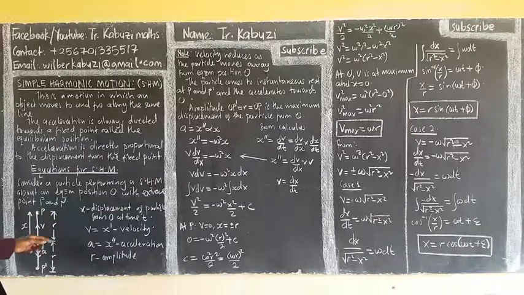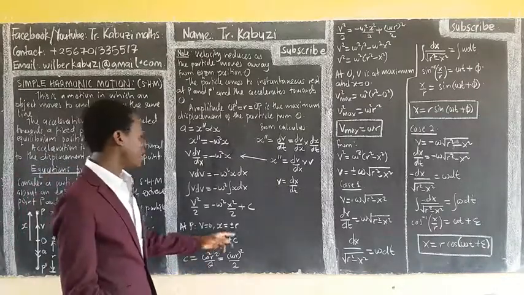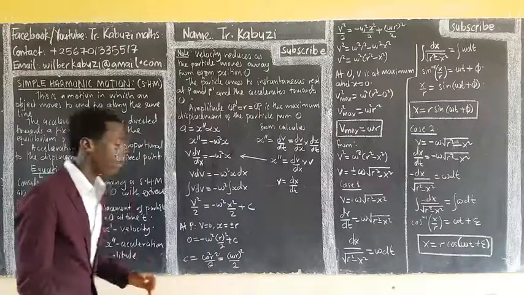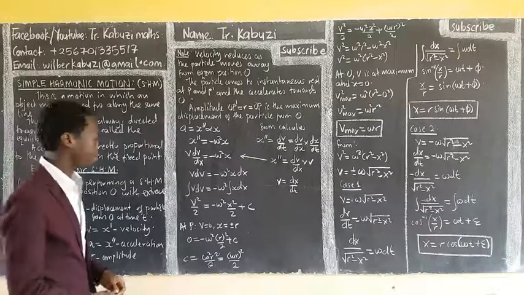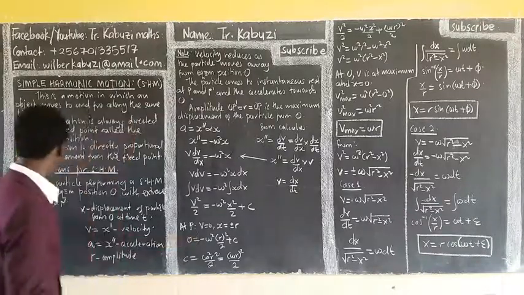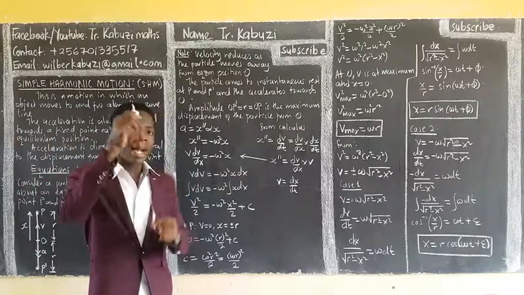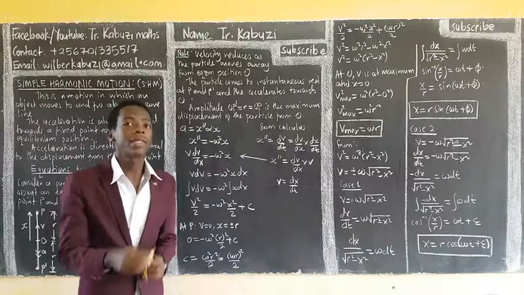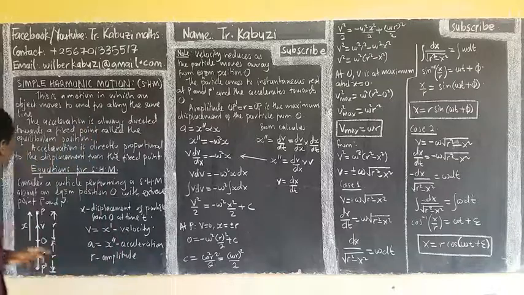Up is positive, below is negative. So that's why, when v is 0, the distance covered, the amplitude, is going to be plus or minus: minus when it's going below, positive when it's going up. So I think you know why it is 0. When the particle goes down, before it comes back, the velocity at that point is 0. But it has covered a displacement which is equal to r.